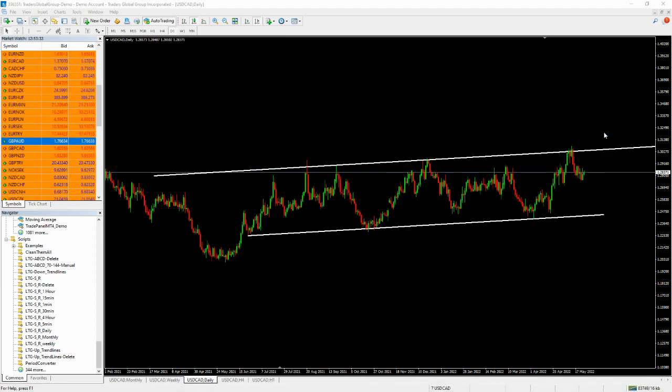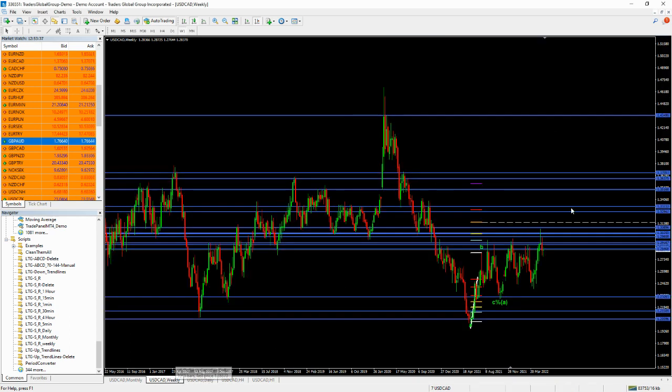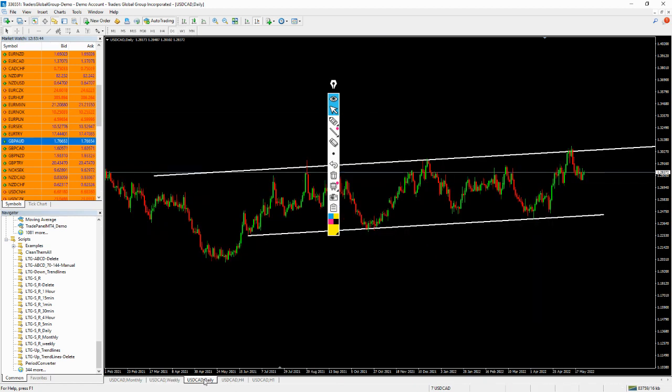At that point, we are probably going to head back to these weekly levels, which are 132.66 and 133.23. So approximately up here, somewhere up there.